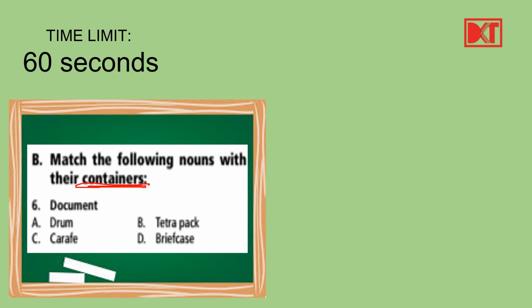For the documents, the container is briefcase. Okay. So briefcase is the container in which documents are kept. Alright. Documents refer to certain important files or folders. These are documents and they're kept in a briefcase.